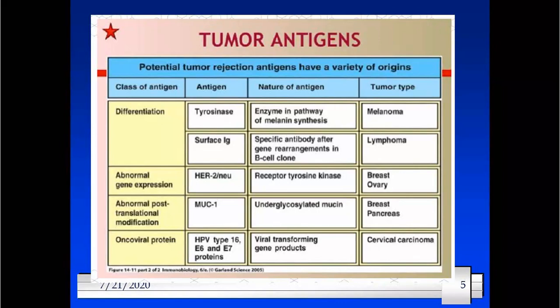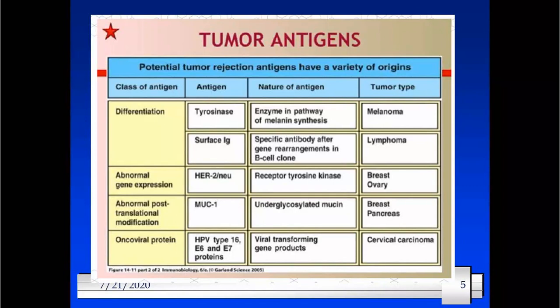And also we have abnormal gene expression, such as HER2 receptors in breast cancer and ovarian cancer, which is a tyrosine kinase receptor, regarded as a growth factor receptor.